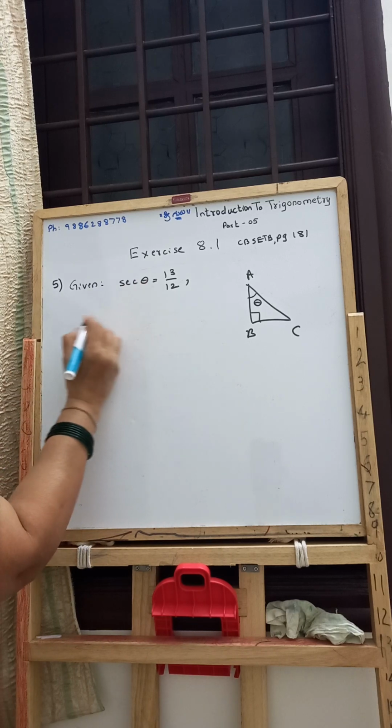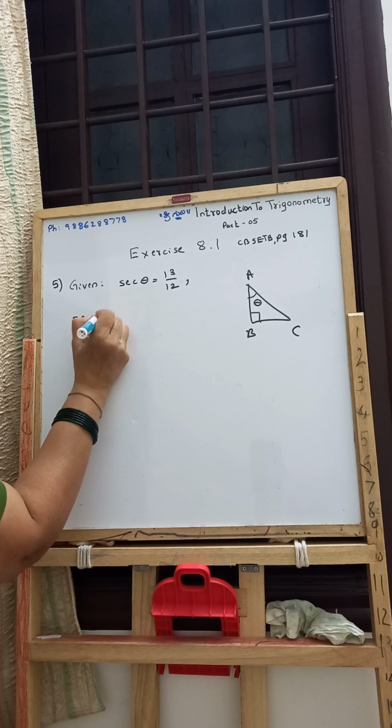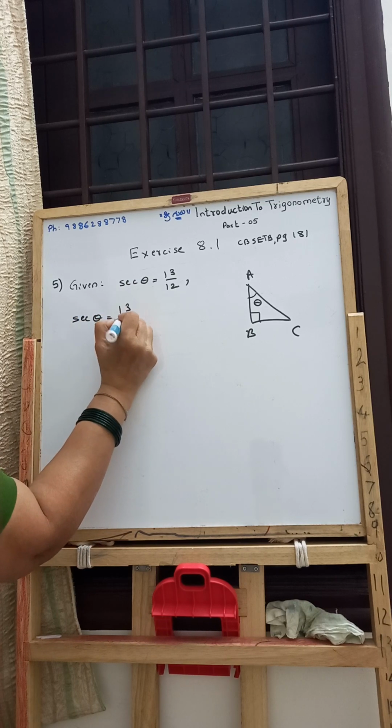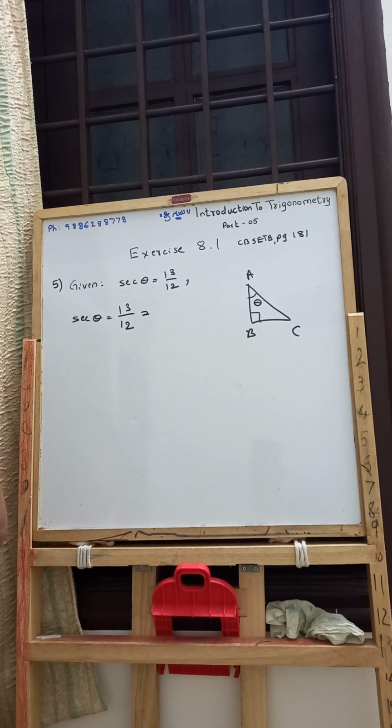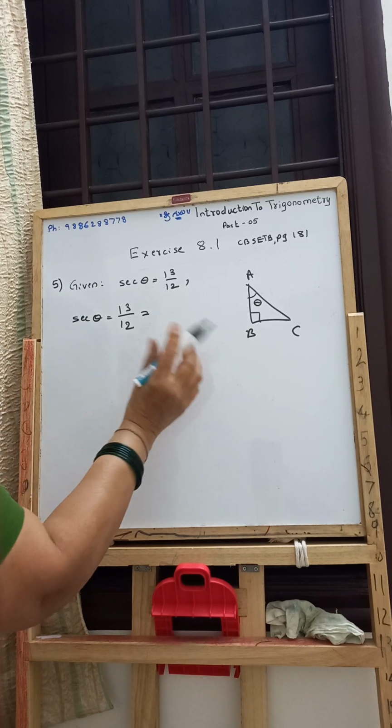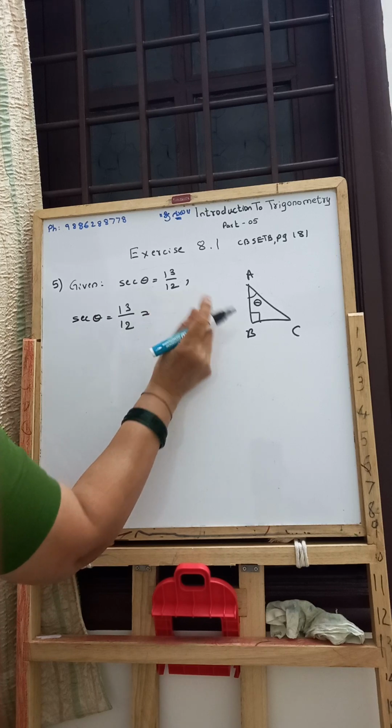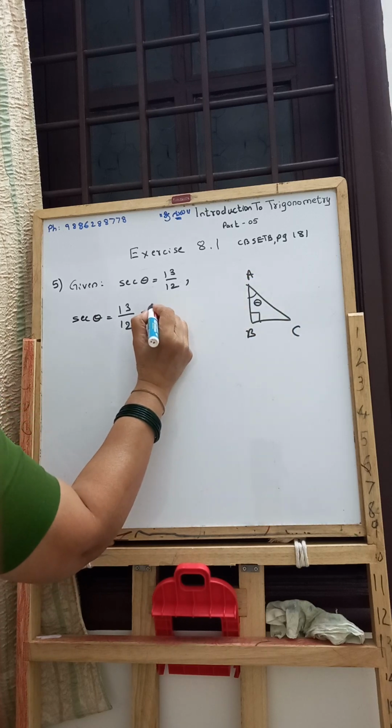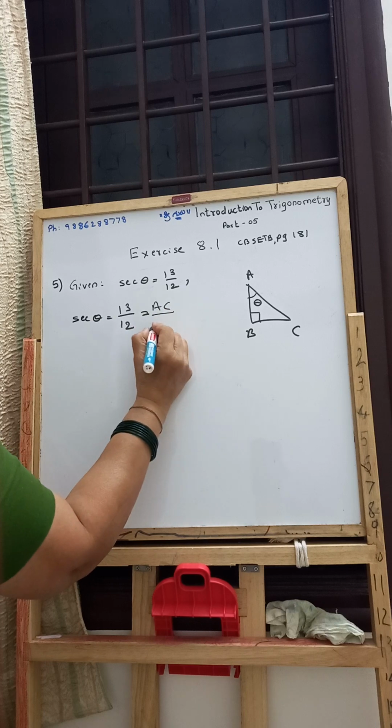Sec theta is equal to 13 upon 12. What is sec theta? 1 upon cos theta. That is hypotenuse upon adjacent side. Hypotenuse is AC divided by AB.